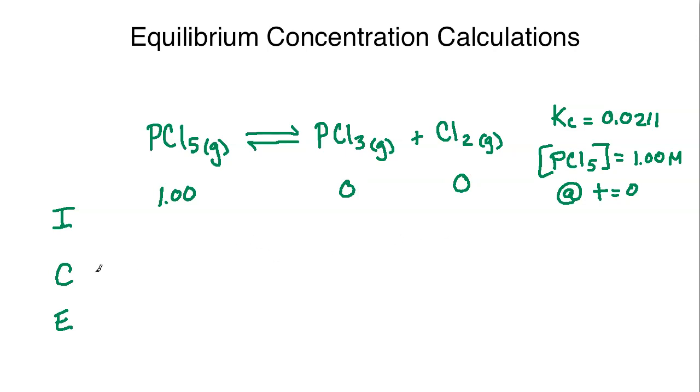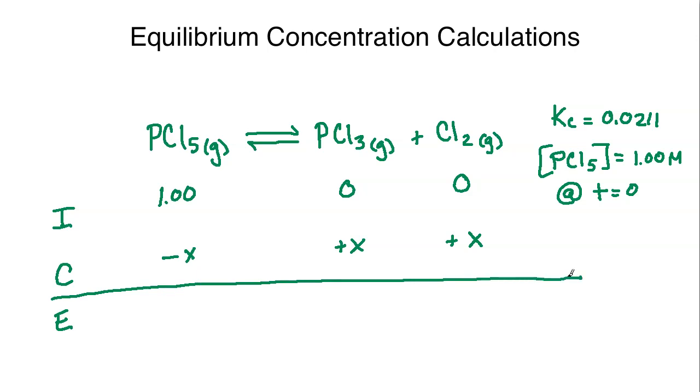Right now, the change is going to be that we lose some amount x, we gain some amount x, gain some amount x over here. So at equilibrium, we're going to have 1 minus x, and then we'll have x, we'll have x.